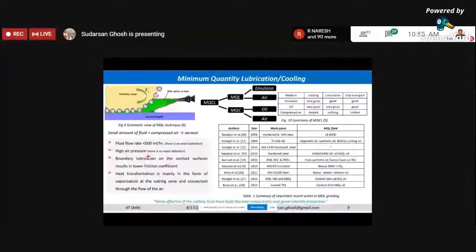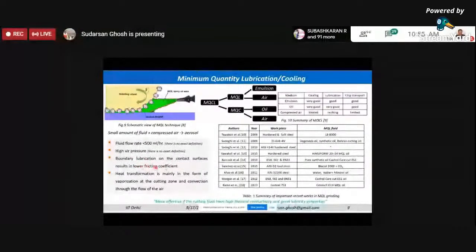And as I was discussing, you have a boundary lubrication happening because of the mist, the tiny droplet particles entering evenly into the grinding or the machining zone. So a boundary lubrication may get formed, which will lower the friction coefficient.